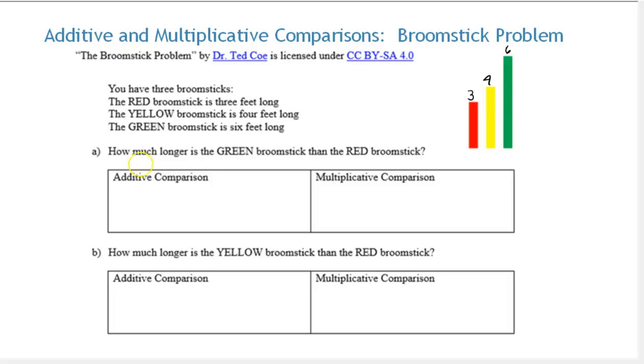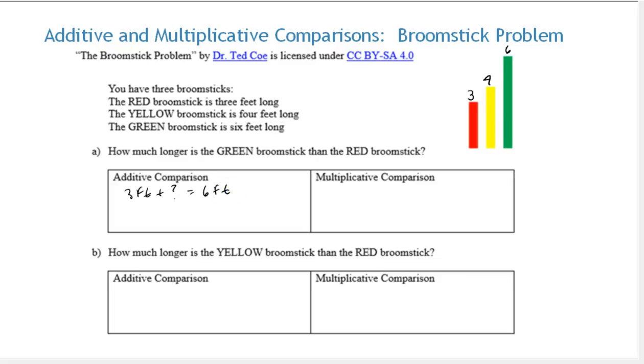So first we're asked how much longer is the green broomstick than the red broomstick. So we're comparing the red and the green, and we want to know how much longer the green is than the red. Using an additive comparison, we're thinking what do we add on to the red broomstick to get the green broomstick? So the red broomstick is 3 feet. We want to add on some amount to get 6 feet.